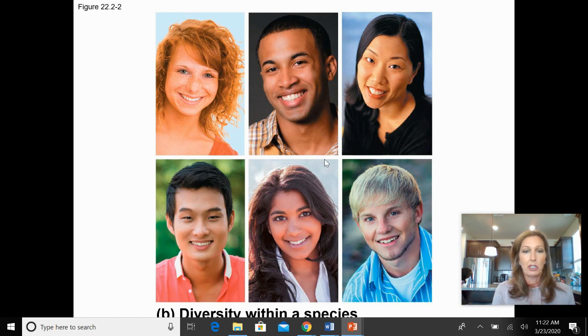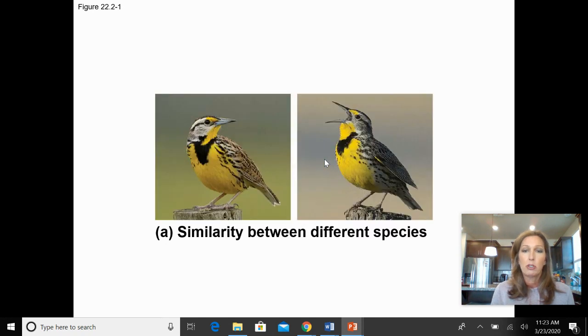When we look at the diversity within a species, there's just diversity that does exist. But all these individuals have the ability to reproduce, to exchange gametes, and to produce viable offspring. Therefore, they are all of the same species. That is our definition of the biological species concept.